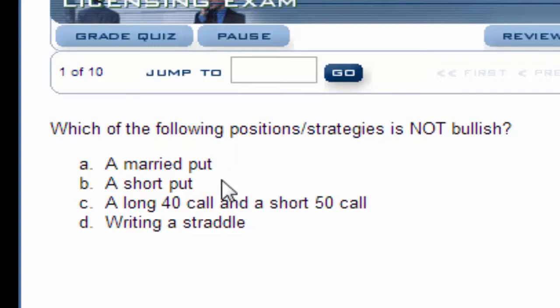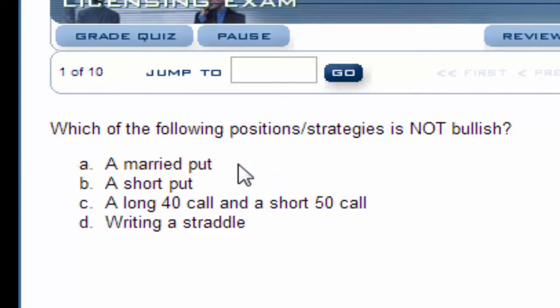But as I look at this, I know a married put is when you take a long stock position and you buy a put to protect it. Now, buying puts is bearish, but remember, if you have a stock and an option combined, the stock dominates the trade. And when I buy a stock, I'm bullish on that stock. So overall, I am bullish in choice A. So my indication here is I should probably choose D.